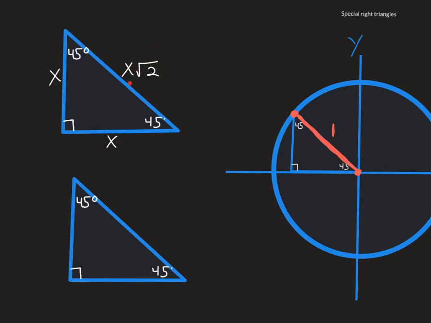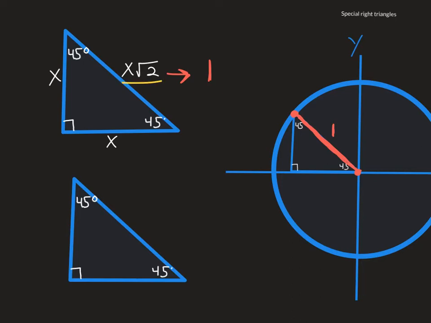But I want this hypotenuse to be 1 so that it will fit perfectly in the unit circle. So I want to take that x root 2, the hypotenuse, and somehow turn it into a value of 1. That's my goal. How do I get from x root 2 to 1? What kind of change would I have to make?